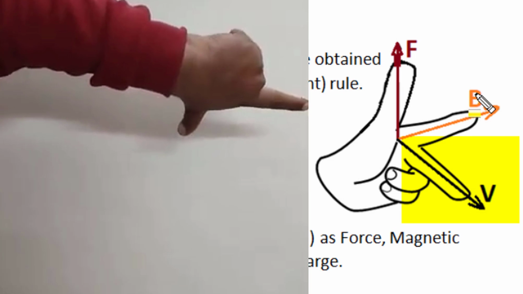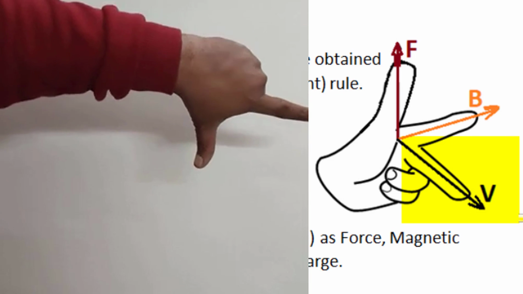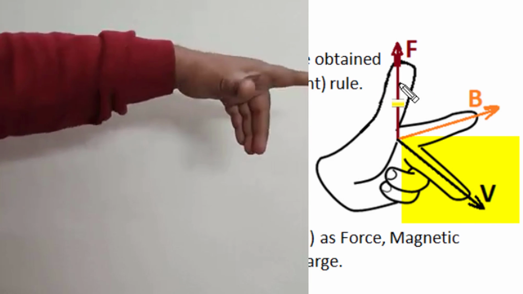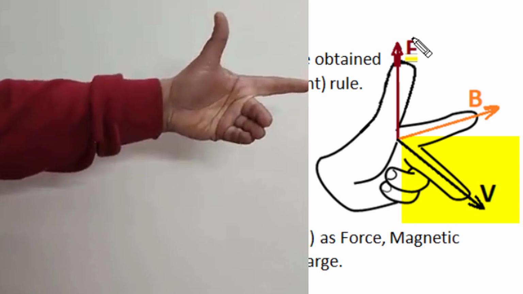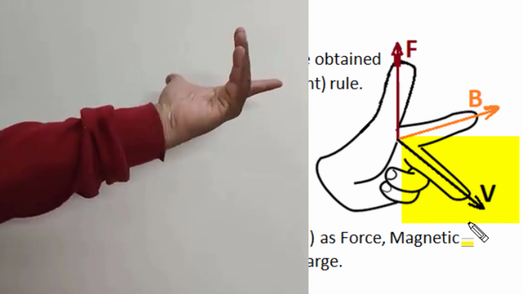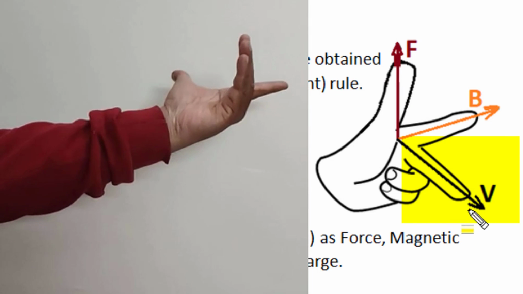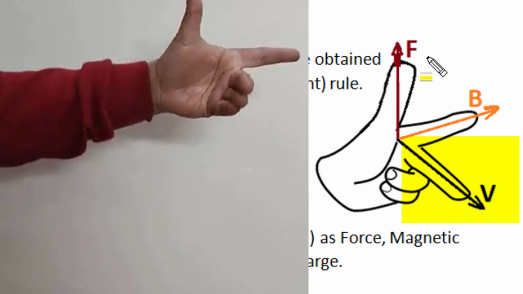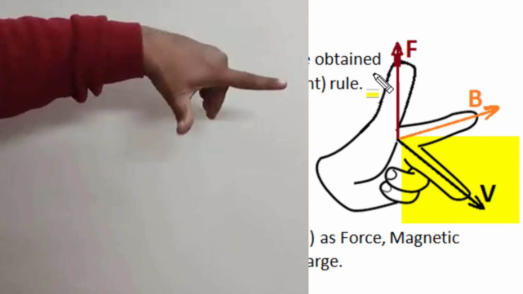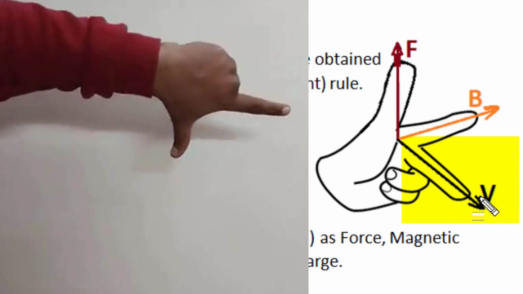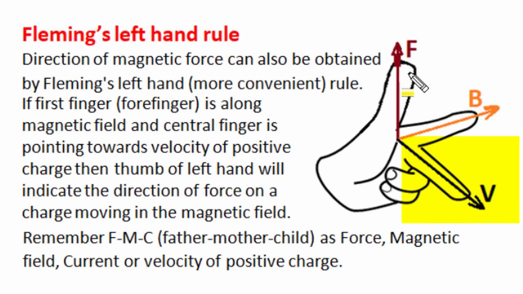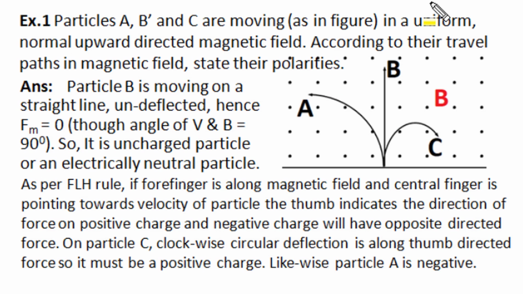When the forefinger is along the magnetic field and one out of the thumb or central finger is aligned with the respectively known force or known velocity of positive charge, the remaining position of the central finger or thumb will tell us the direction of the unknown velocity of positive charge or force on positive charge, as the case may be. For clarity of concept and sound preparation, we'll practice all probable competitive exam patterns.